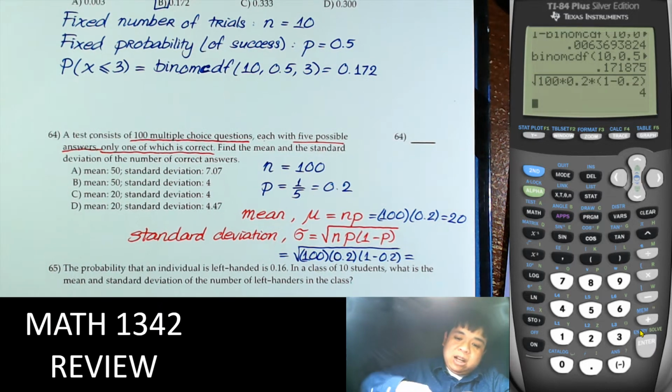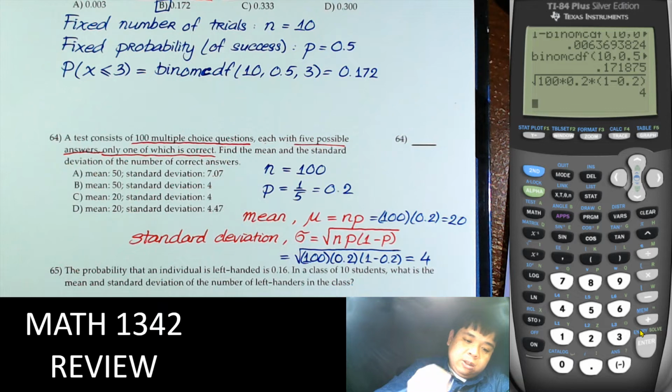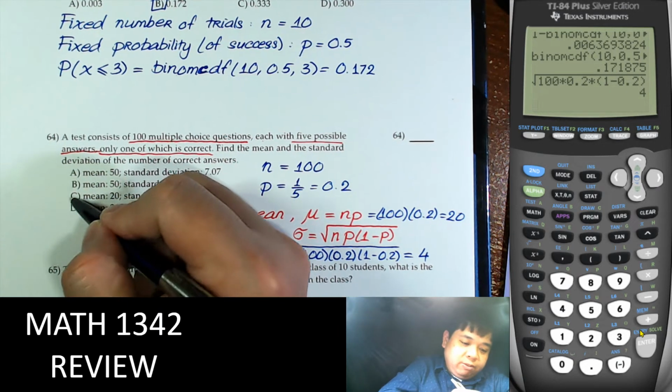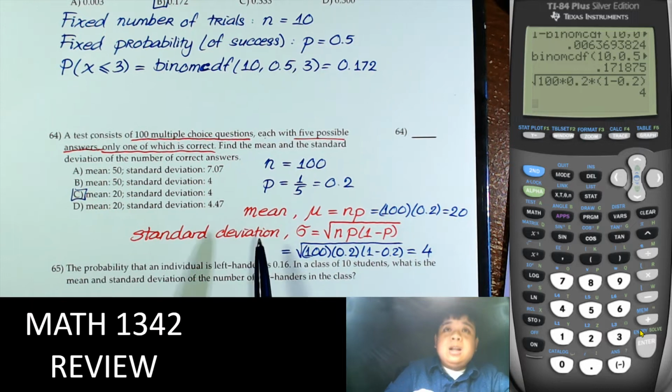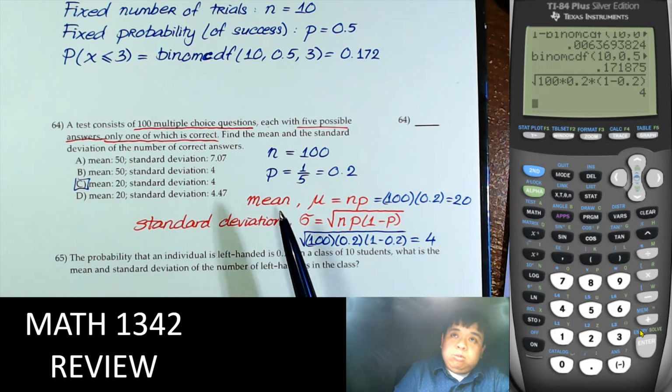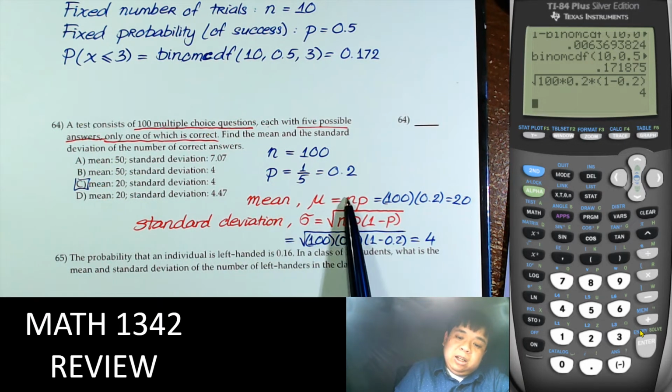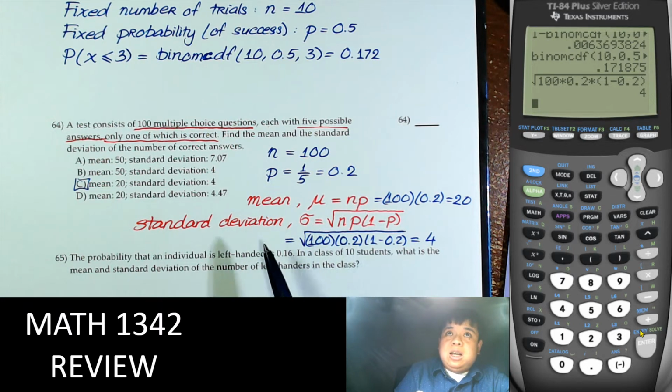Right, so we have exactly 4. So the mean is 20, standard deviation is 4. So for binomial probability, the mean is that and standard deviation is that.